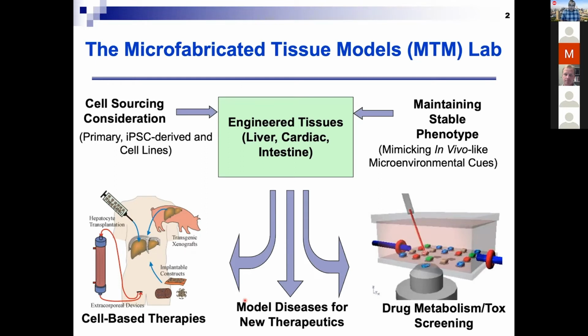We don't work on COVID-19, but it's a good example where in order to develop new vaccines and new therapies, that disease has to be modeled in vitro outside of the body so that therapies can be screened on that disease. And then finally, we utilize these tissues to do drug metabolism and toxicity screening so that these drugs don't have adverse effects. This is the overall viewpoint of my lab.